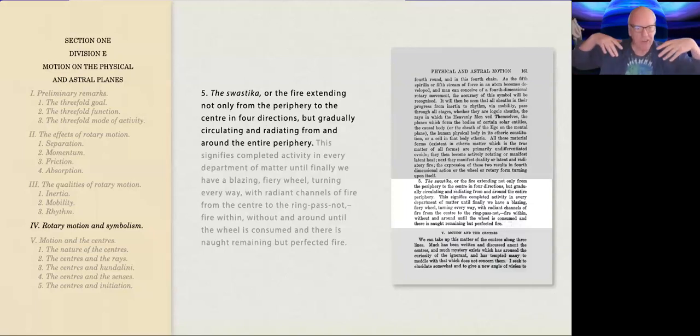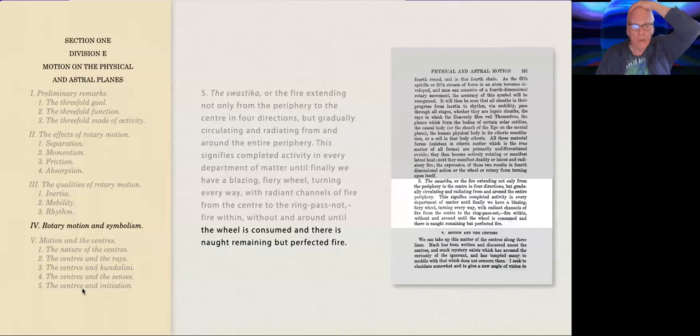This is the last stage of an atom of substance having its own separative integrity before it merges back with the emanating spirit. The swastika represents the last stage in the journey of the form aspect before, quote, "the wheel is consumed and there is nothing remaining but perfected fire."